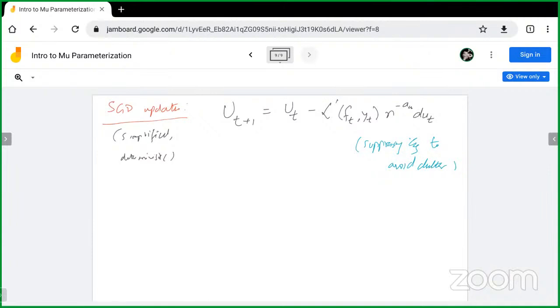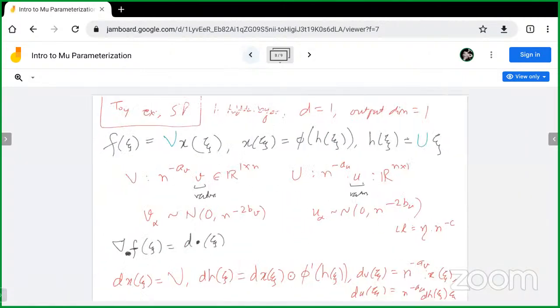Why? Let's recall, we look at the previous slide. Now we're seeing how capital U updates, right?